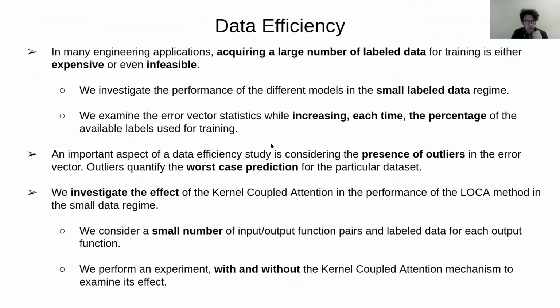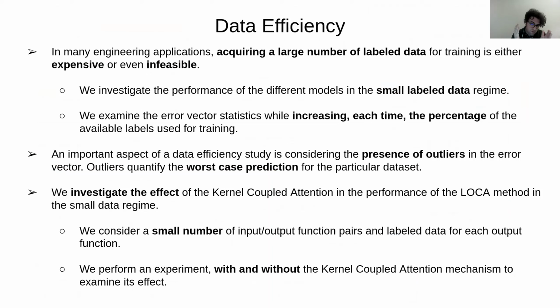Okay, so about data efficiency. Data efficiency means that we will operate in the small data regime, so small labeled data. For each input-output pair of functions, in the output we will have a percentage of the labeled data, and we will train with that.